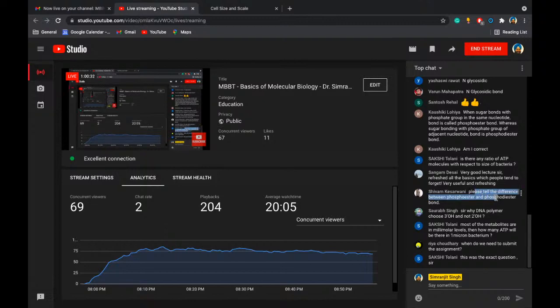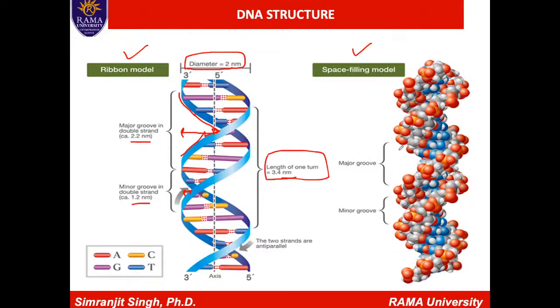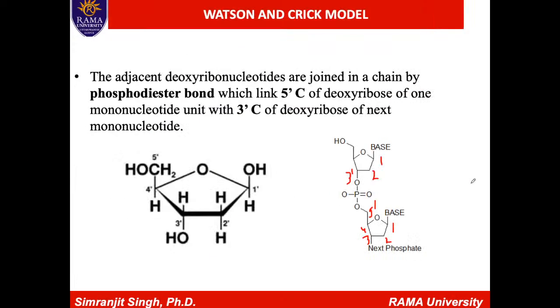Phosphoester and phosphodiester, Shivam Keshirvani. So this is actually the chemistry part. I need to draw this. A phosphoester linkage is a single bond between your phosphate group and your sugar group. In the phosphodiester, your phosphate group is in the center and you have two sugar bonds there.